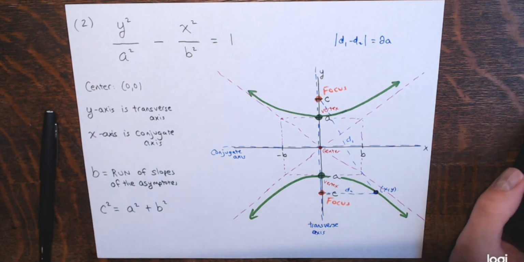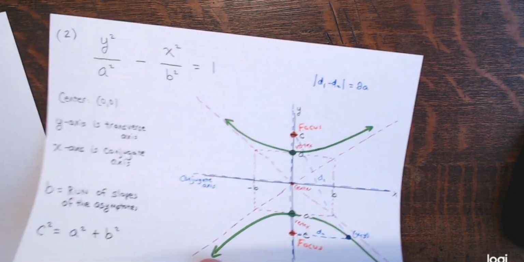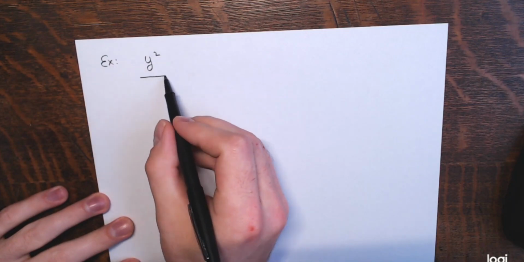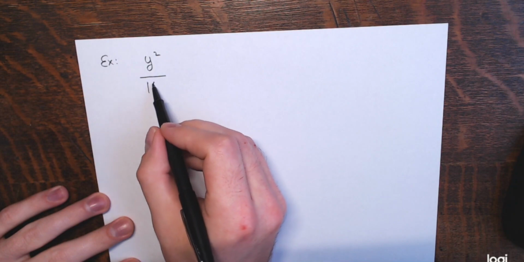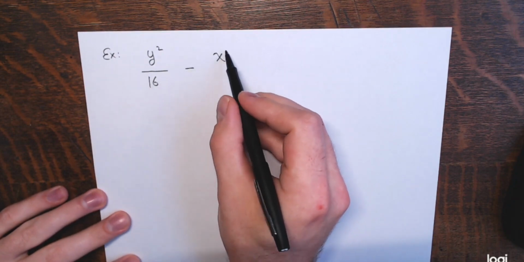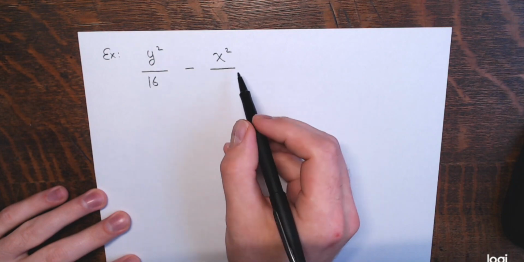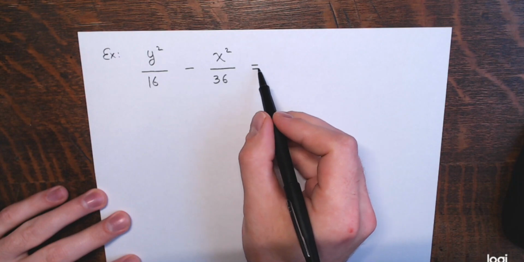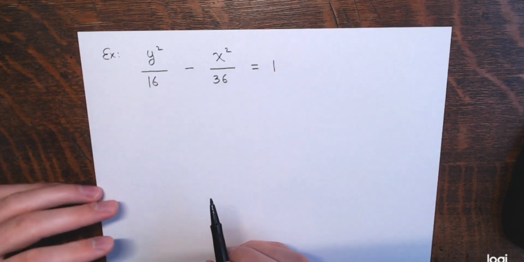All right. So the first equation I'm given is actually one like this second version here. We have y squared divided by 16 minus x squared divided by 36 equals 1.